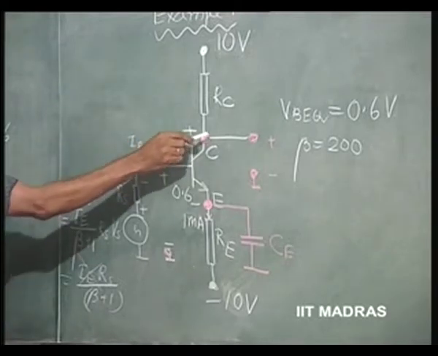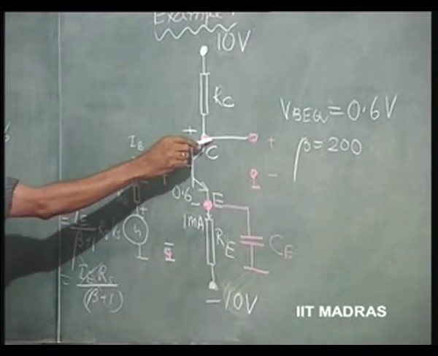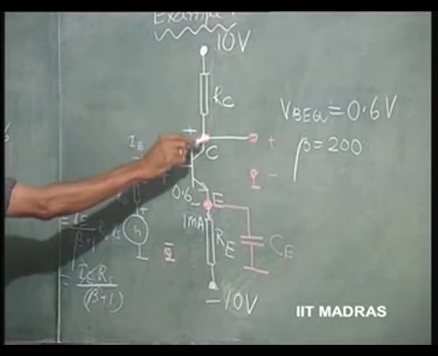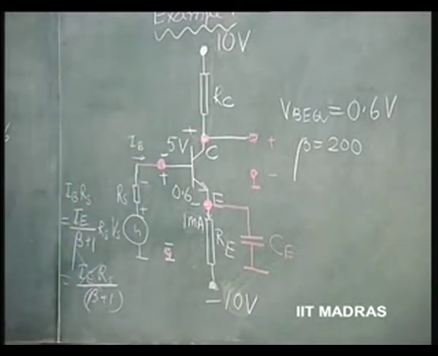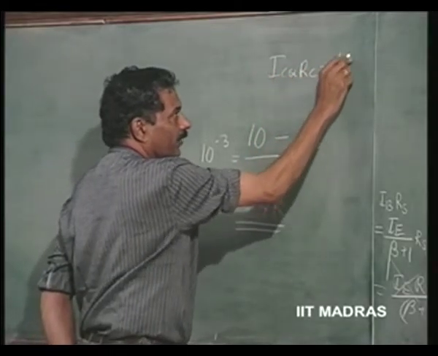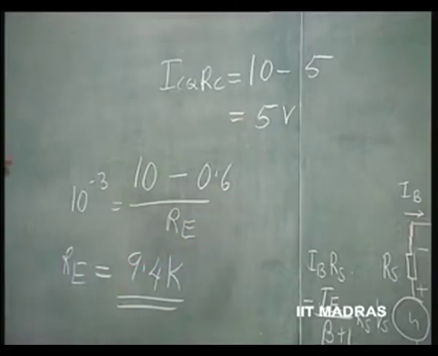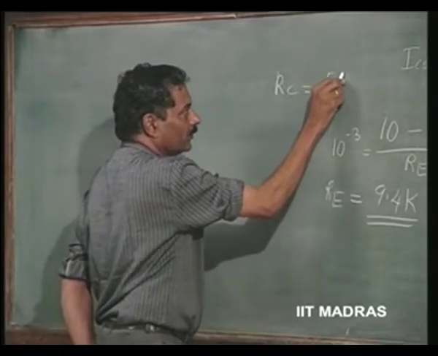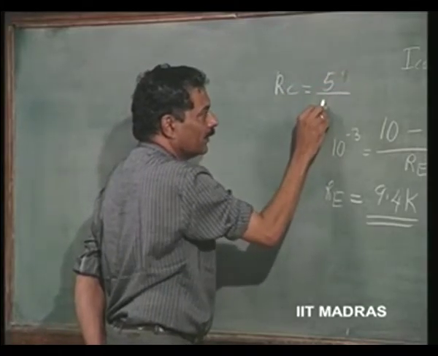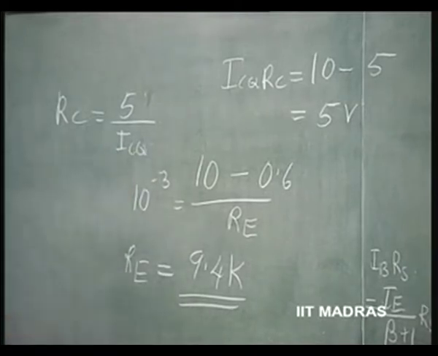This is given because VCB is given as 5 volts. So, if this is at 5 volts, then the drop across this RC is 5 volts. So, drop across RC, which is ICQ into RC, is equal to 10 minus 5, which is 5 volts. So, RC is equal to 5 volts divided by ICQ, which is very nearly equal to 1 milliampere, we can assume.